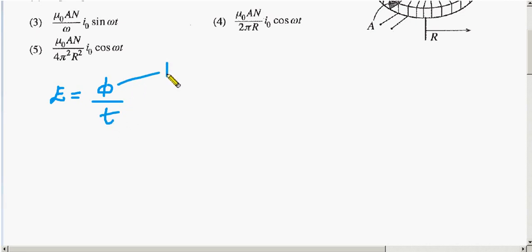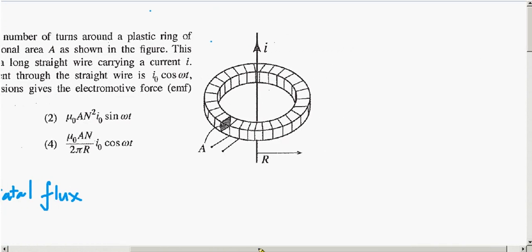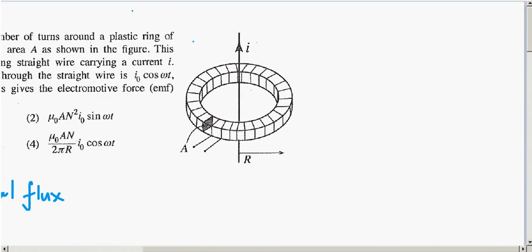This phi is the total flux through the coil. So we have to find out the total flux. The straight wire carrying current I is like this.